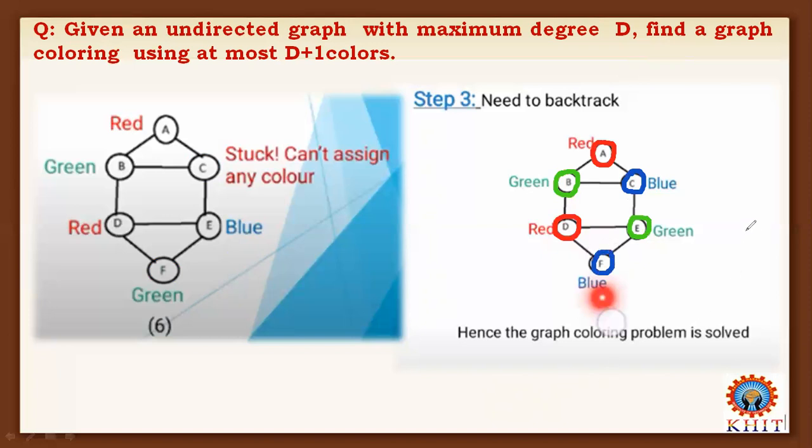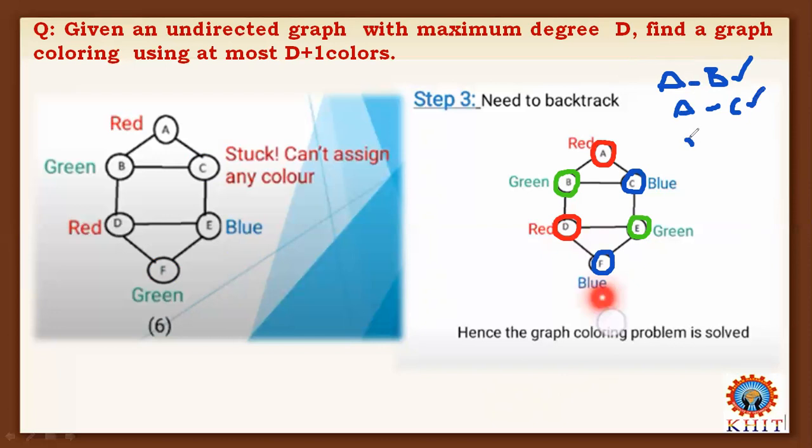If you consider any two vertices, A to B, no two adjacent vertices have the same color. That satisfies the condition. If you consider A to C, no two adjacent vertices have the same color, it is satisfied.